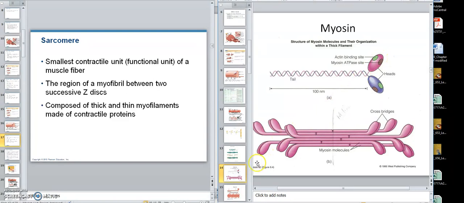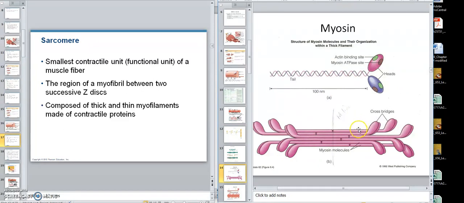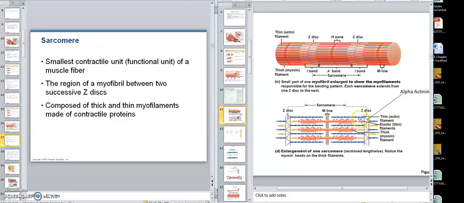Now if I come back here, notice how these heads, we're going to hook up a bunch of these, and each of them has these heads sticking off. Those are those heads.